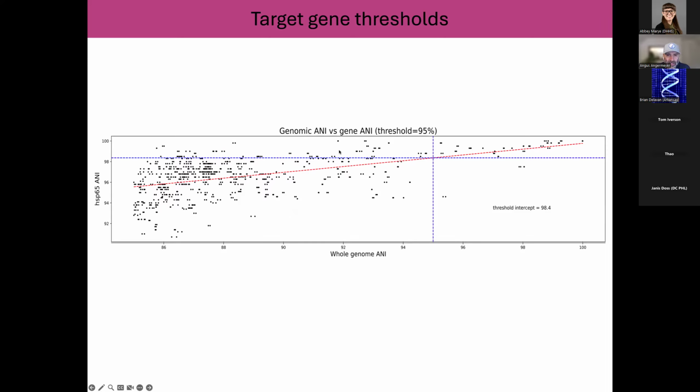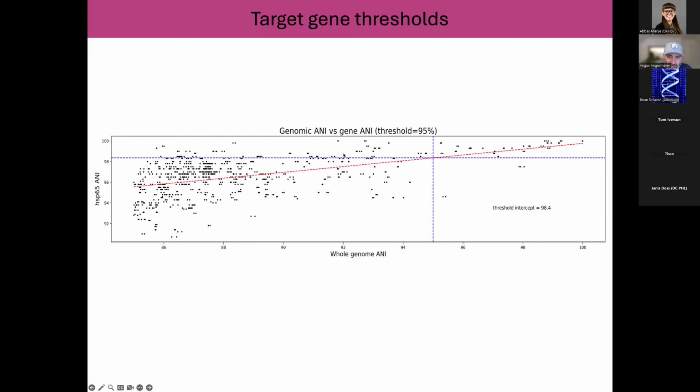So the average threshold intercept at 95% whole genome ANI, which is again where I'm making the species cutoff determination, we're seeing an intercept for HSP65 specifically closer to 98.4. And I was like, okay, well, that's interesting. And that's maybe what you'd expect. Well, maybe it's not exactly what you'd expect. I don't know. This was a little bit of a lark.